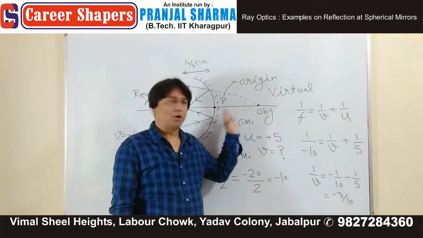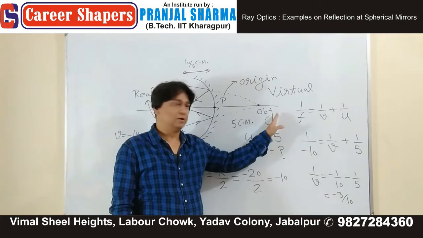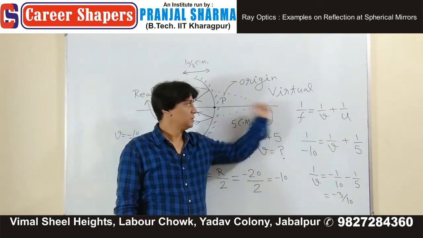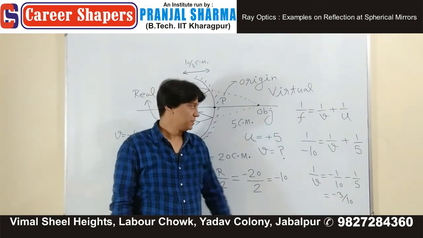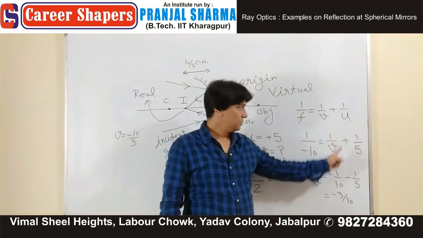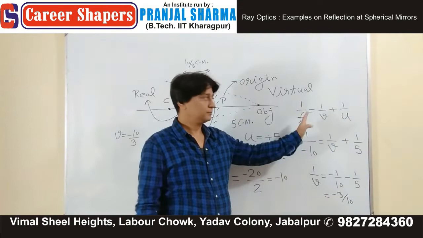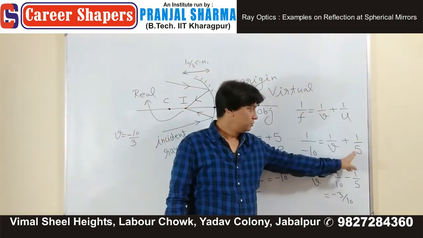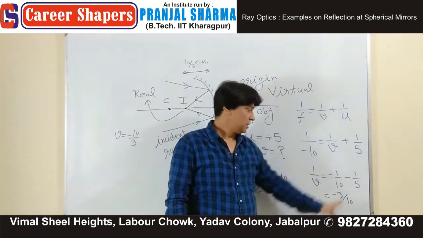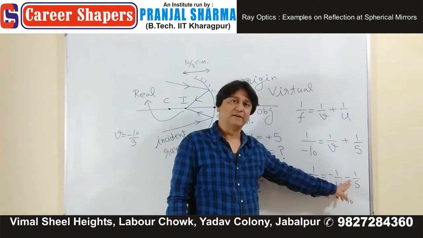As long as object is behind the mirror, that is virtual object. If object is virtual, that means u part is positive. When you shift this u to this side, this term will be always negative.